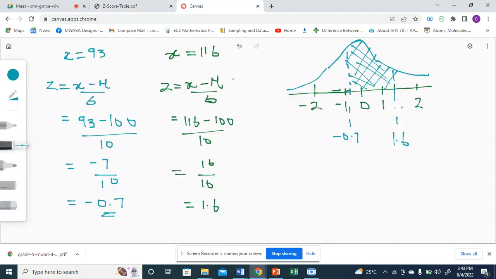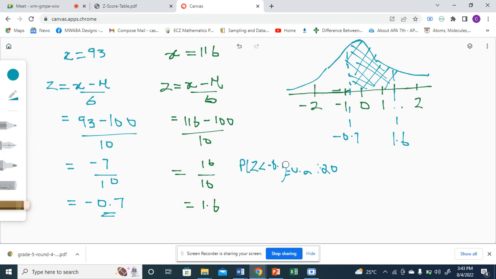So the probability of z-score less than negative 0.7 is 0.2420.